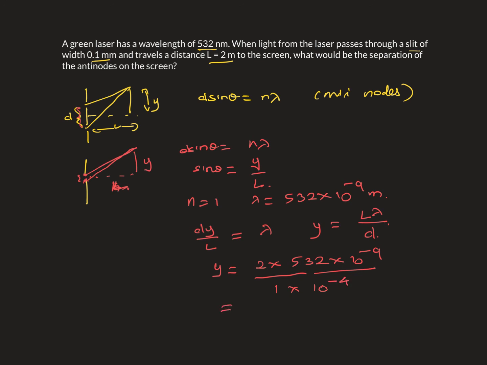So that is 1.06 times 10 to the power minus 2 meter. That means the antinodes, we can say antinodes are 1.06 times 10 to the power minus 2 meter apart. So you can use the word antinodes, or they are the max.